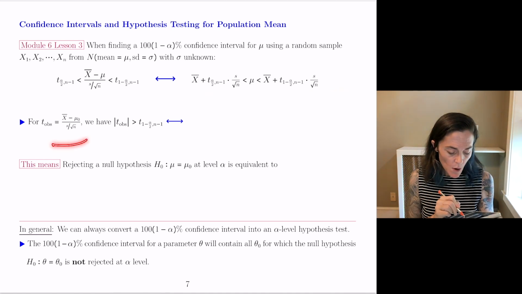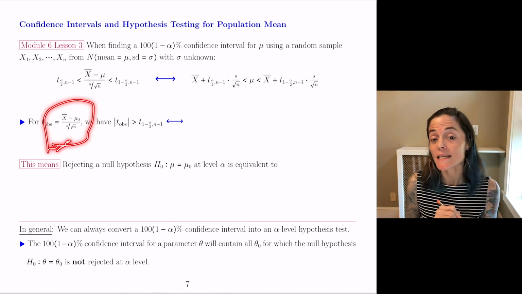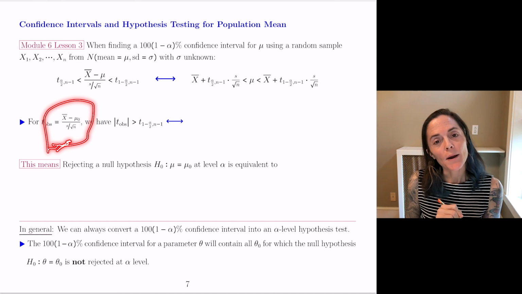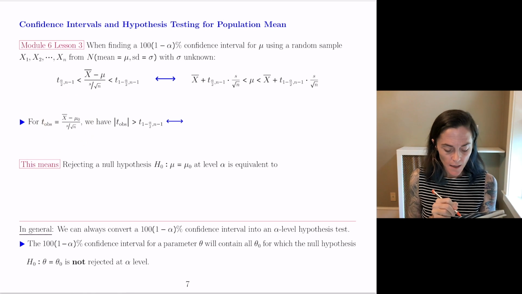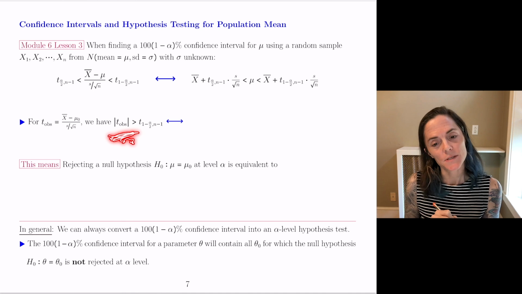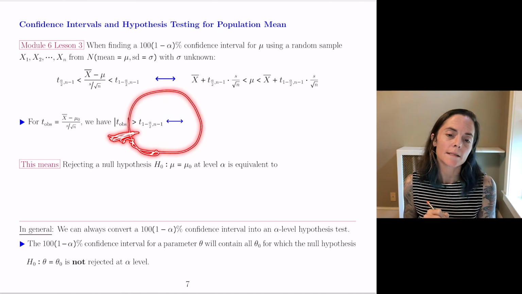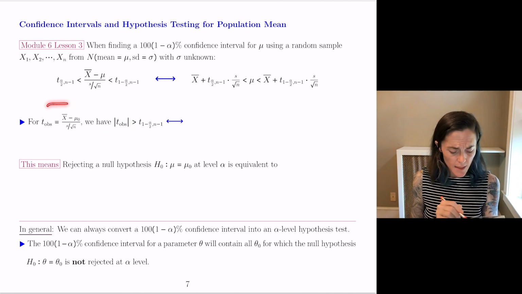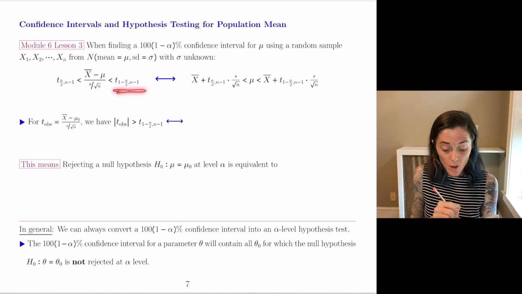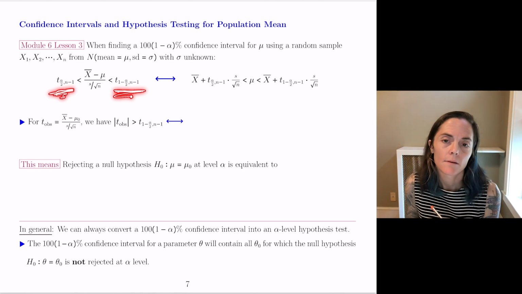Well, let's suppose we are under the null hypothesis and we calculate our t-statistic, x bar minus mu 0 over s over the square root of n. Then the absolute value of our t-statistic, t observed, is bigger than this 1 minus alpha over 2 quantile. What does that mean about this? Well, it means that my t-statistic is bigger than this number, or it is less than this number.